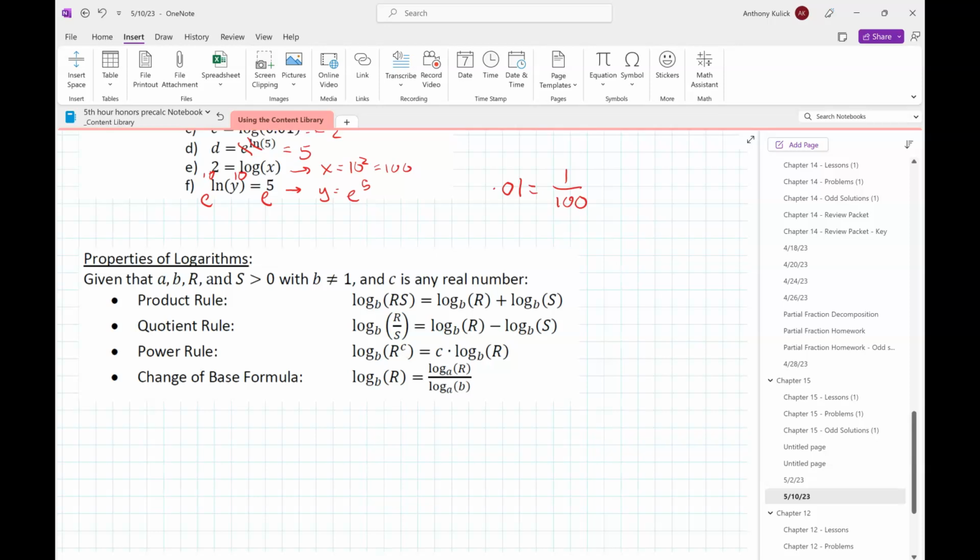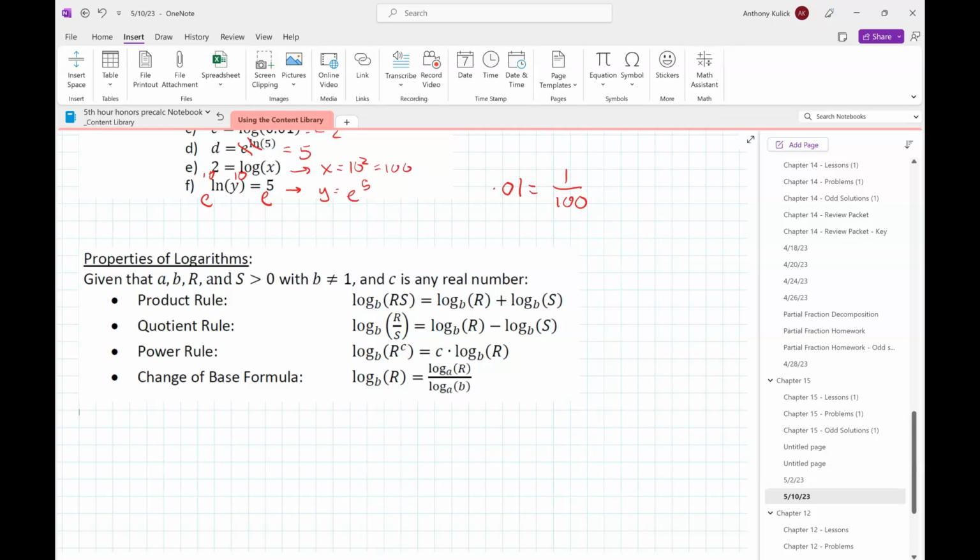The change of base formula is no longer very relevant for you, mostly because of the kind of calculator you have available to you. So when Mr. Kulik was in high school, and you had to do like log base 3 of 10, we did not have a calculator with a logarithm on it.